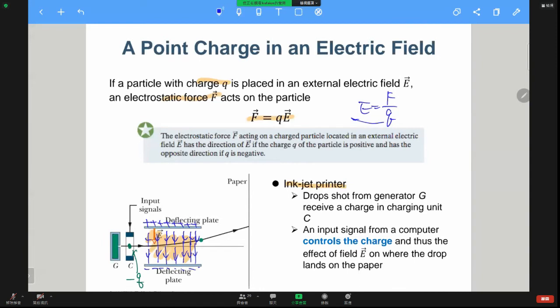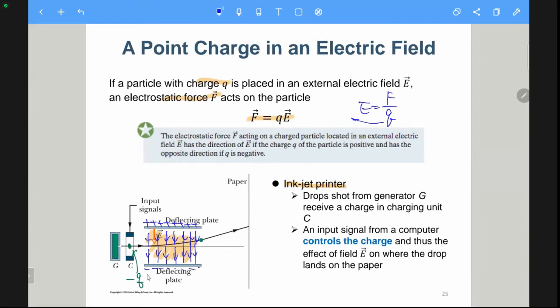And for the bottom plate, it points in the same direction, because in the middle region the E field points toward the negative charge and away from the positive charge. So inside this area, it generates the E field pointing downward.